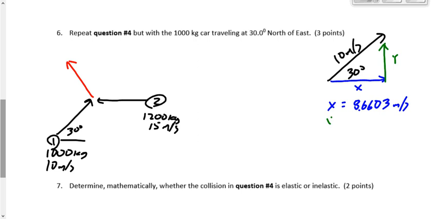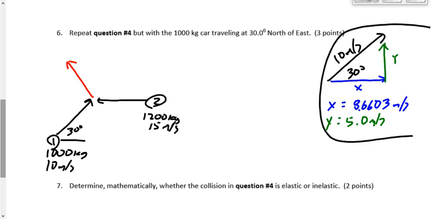And the y component should be 5.0 meters per second. And then we say x and y. Now, what we could do actually is replace this. Redraw this if you want to.